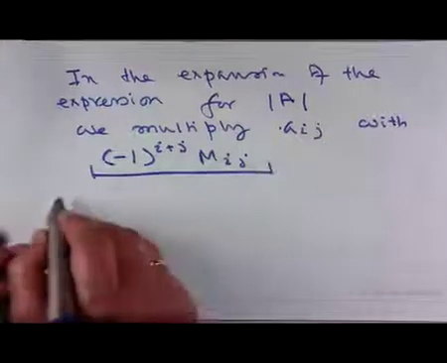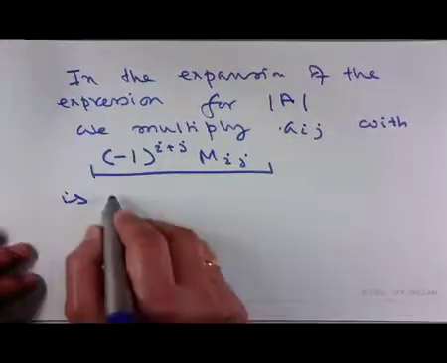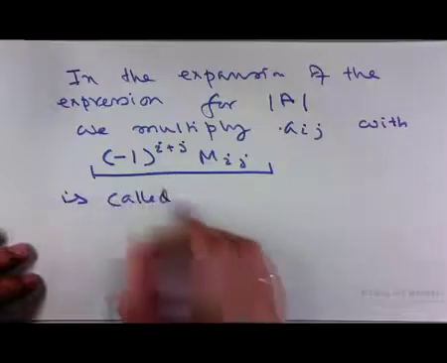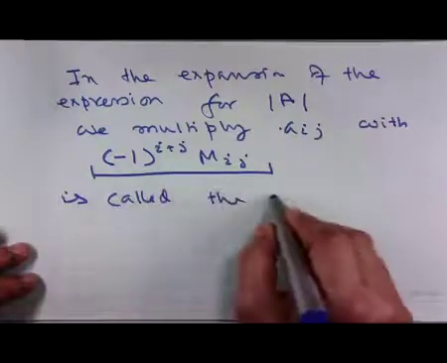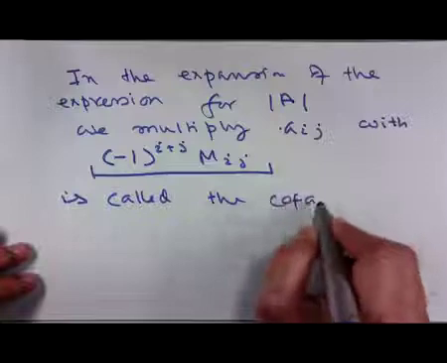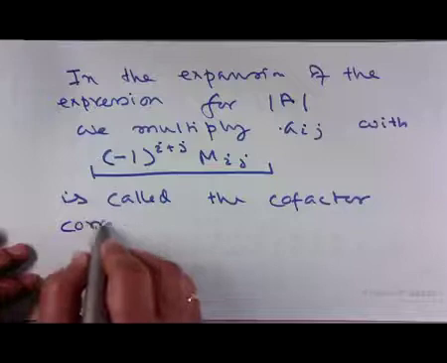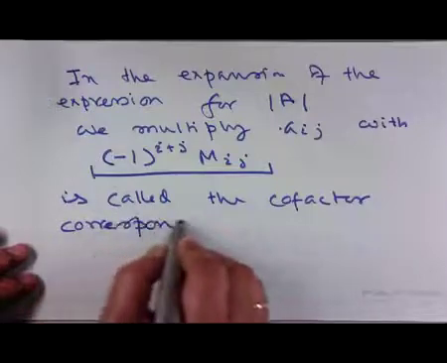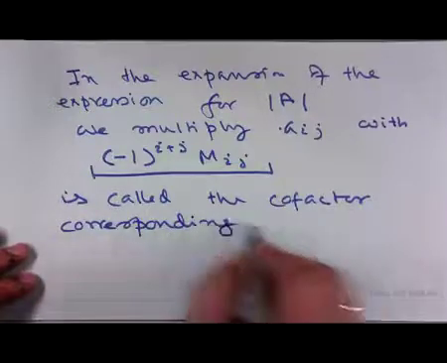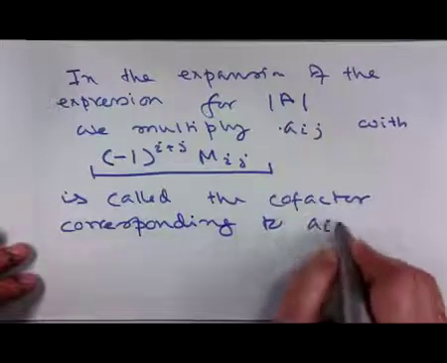This whole thing is called the cofactor corresponding to a_ij.